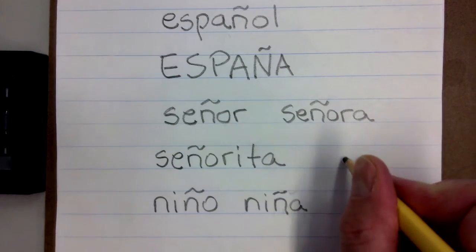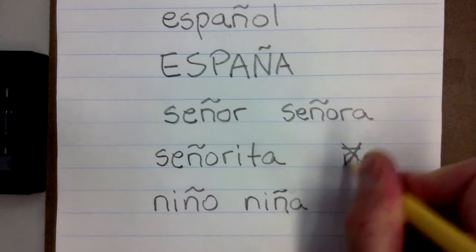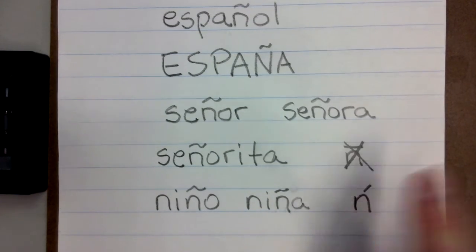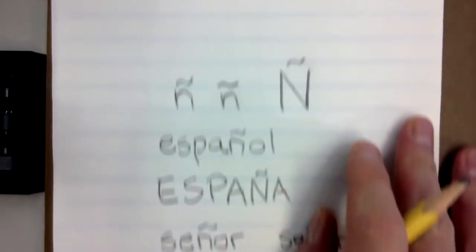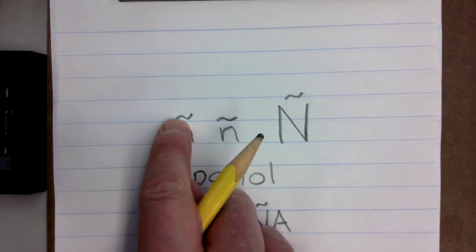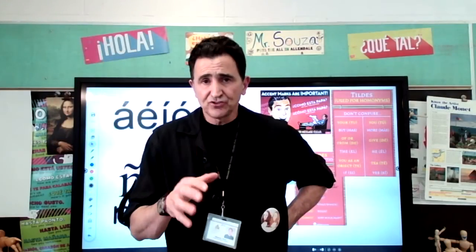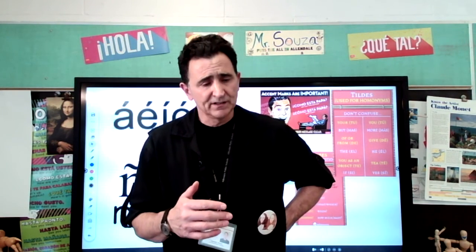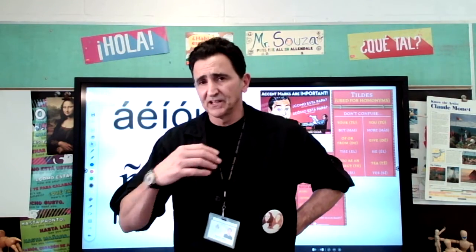And remember, that's not an ñ, so don't write like that. Nope, doesn't exist. ¿Está bien? So remember, bien with the virgulilla on top. I would like to see your handwriting with the ñ. Next week we're moving on to different lessons, but this is what we have to do. We have to practice and learn how to write it.